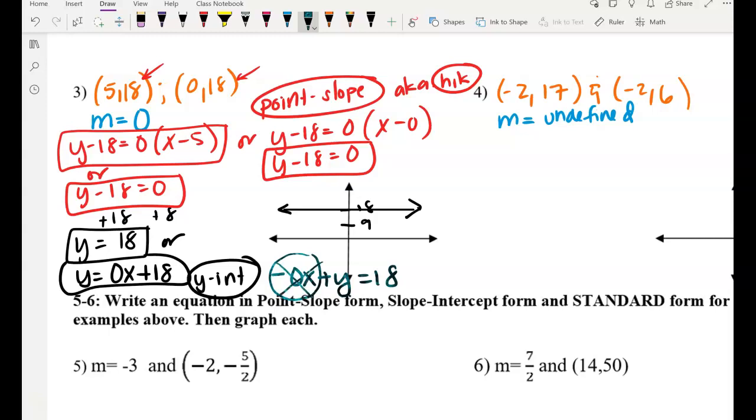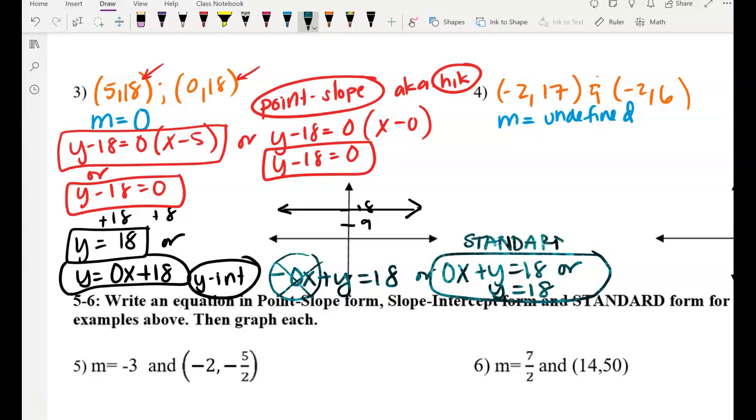So now that's the same thing as saying, okay, 0x plus y equals 18. That's your standard form. Or y equals 18. All of that is exactly the same. So this one is super simple due to the fact that the slope is 0.